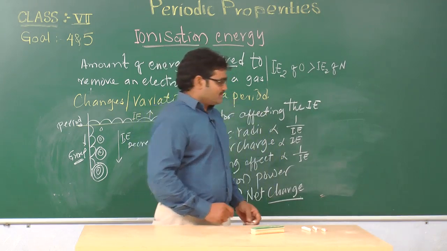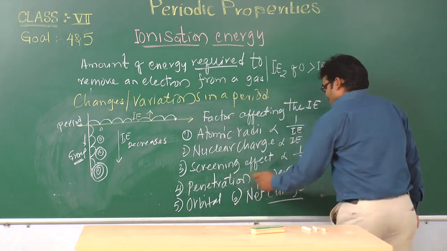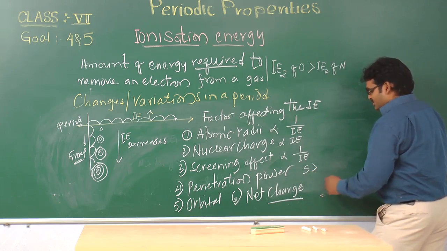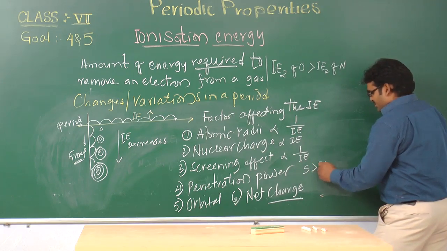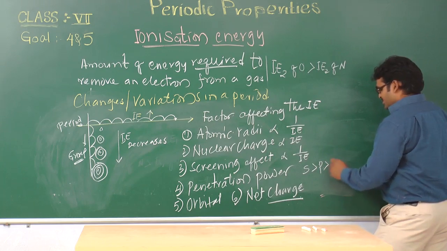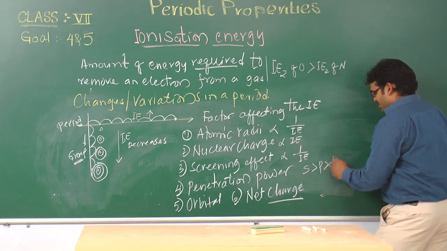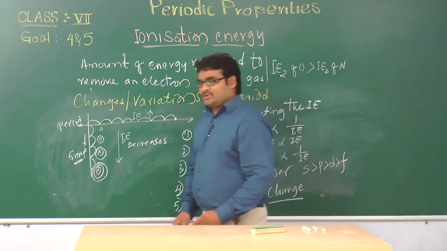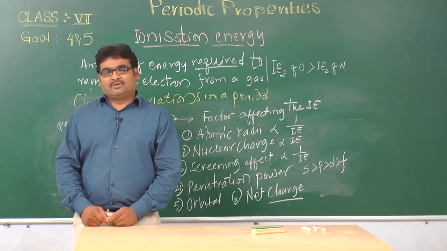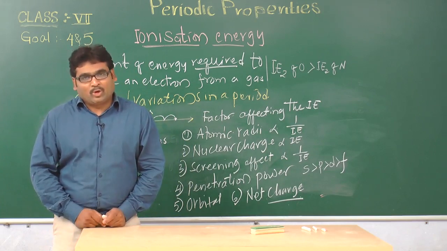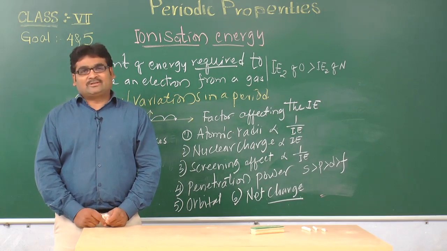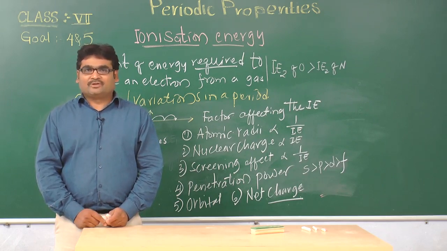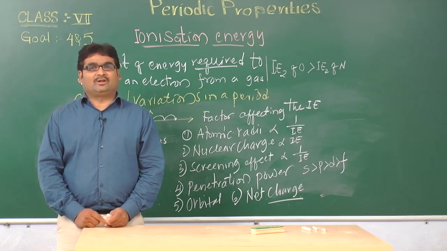The order is: s requires more ionization energy than the p orbital, which requires more than the d orbital, which requires more than the f orbital. The f orbital is further away from the nucleus, therefore there will be less nuclear charge on the valence electron. So, it is easier to remove the electrons.